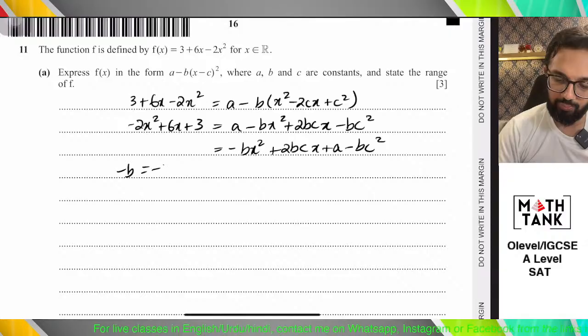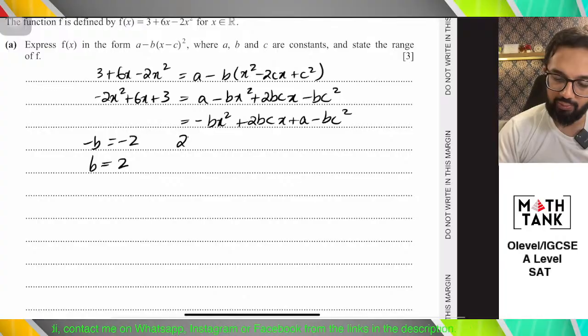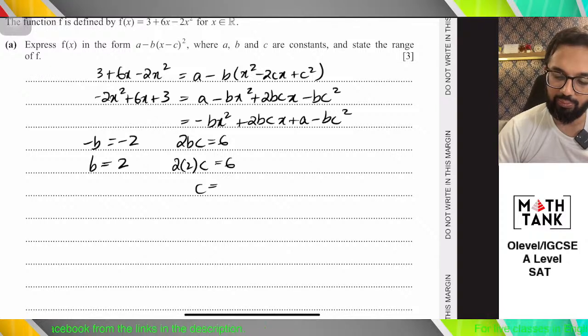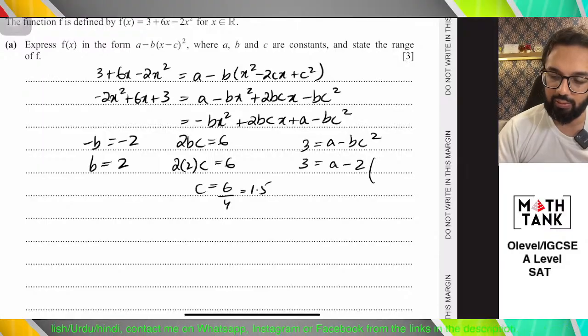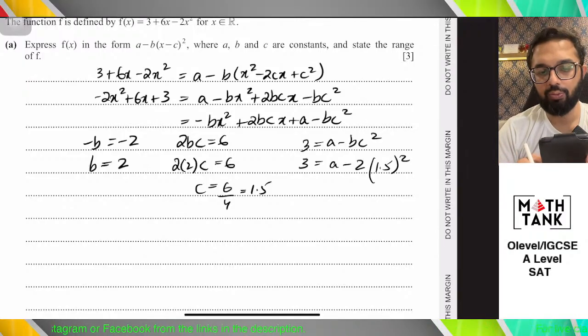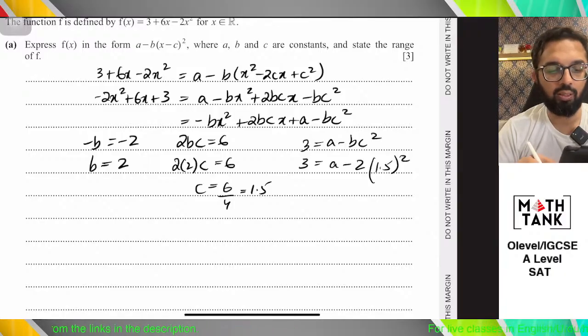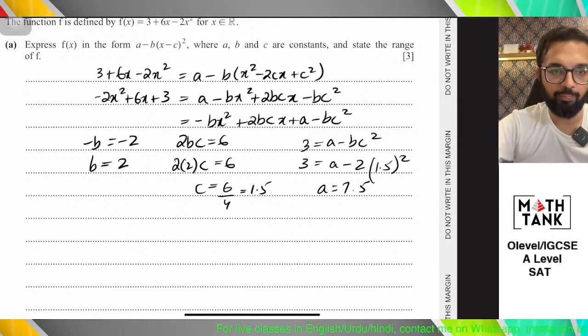So minus b equals minus 2, therefore b is equal to 2. 2bc is equal to 6. 2 times 2 times c is equal to 6. c is equal to 6 over 4, which is 3 over 2. Let's call that 1.5. And 3 equals a minus bc squared. So a is 3 plus 2 times 1.5 squared, which is 7.5.